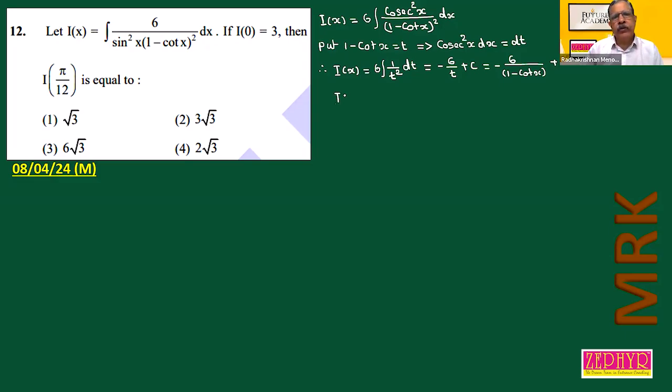For I of 0, put x is equal to 0. We are getting minus 6 divided by 1 minus, what is cot 0? Cot 0 is cos 0 by sin 0.